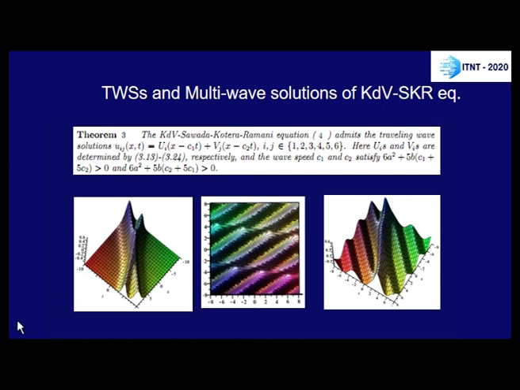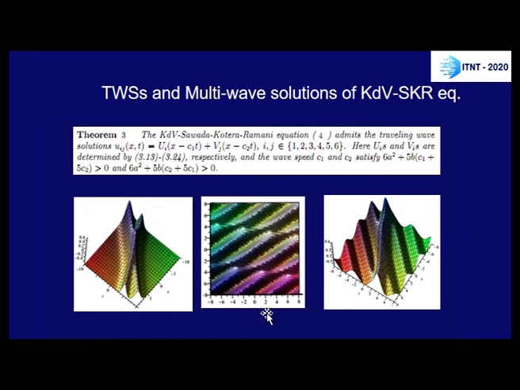We use numerical simulations to plot the graphs of these exact solutions. We get three kinds of solutions. If we choose U and V as solitary waves, we get a solution like this.